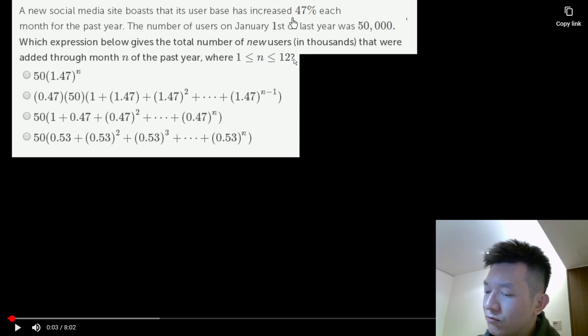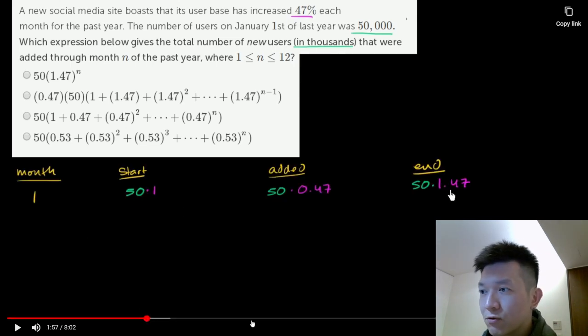And times 47%, okay? So we add them all together. Then what do we get? So it's gonna be 50. We get the 50 out, right? We get the 50 out.